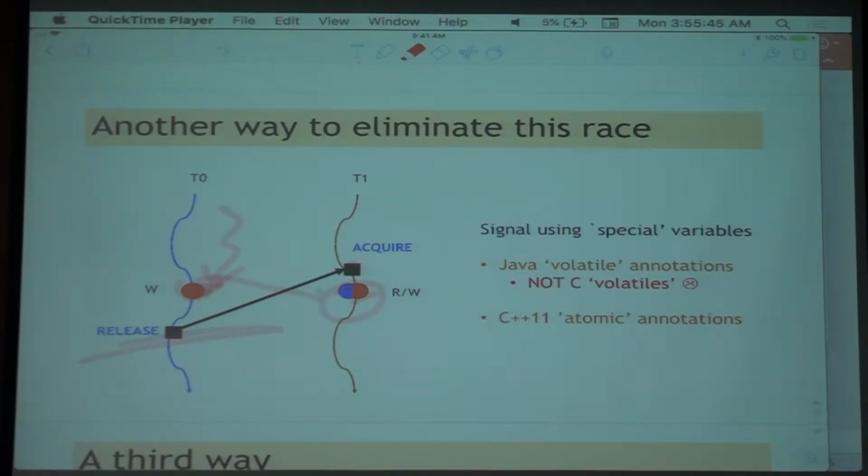It's kind of like putting a while loop, a busy wait, here, and this could be a flag equal to 1. But you have to use special instructions, like Java volatile or C11 atomic. You're going to learn about this in a very fun way.